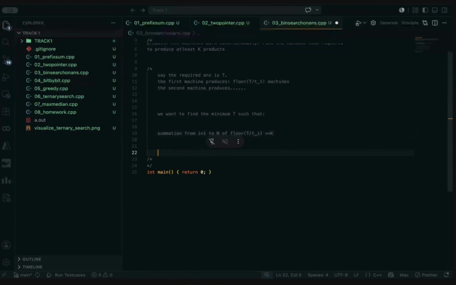So for this, we just observe one fact. That is, as T increases, the LHS also increases.